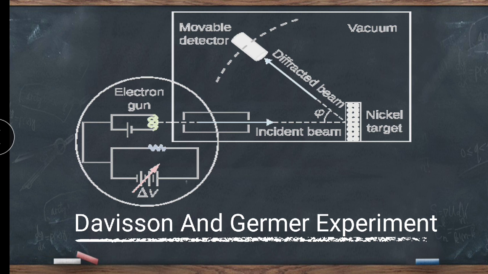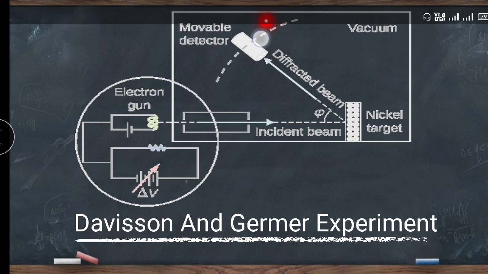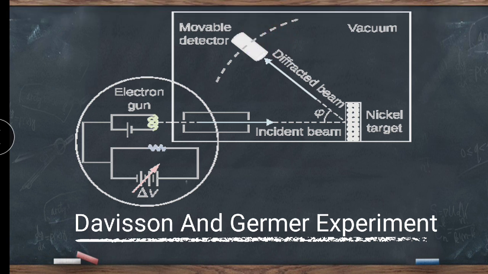Now friends, some observations of this experiment we are going to use in the next slide. What are those observations? For minimum intensity, obviously we will get the value of current equal to 0. But for maximum intensity, we should note down the reading.